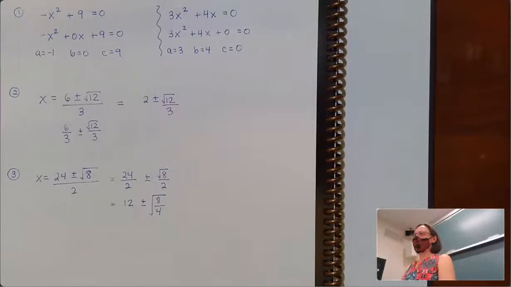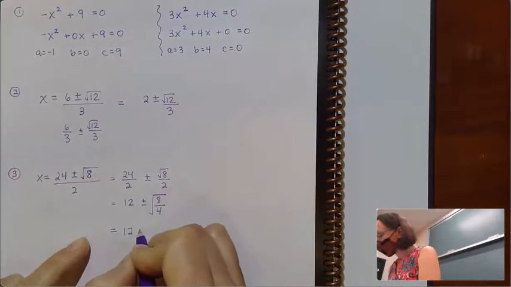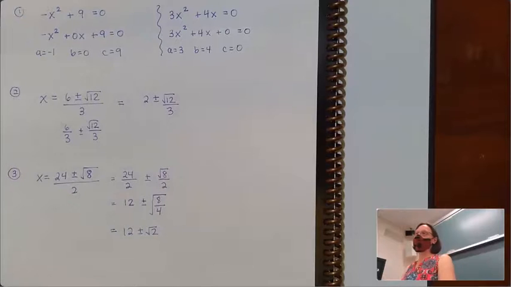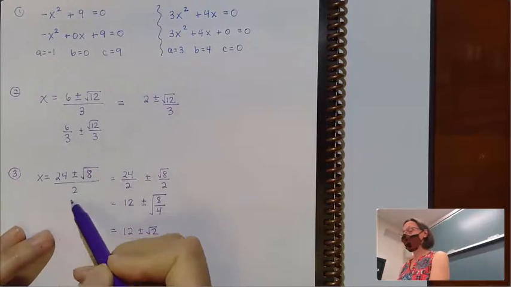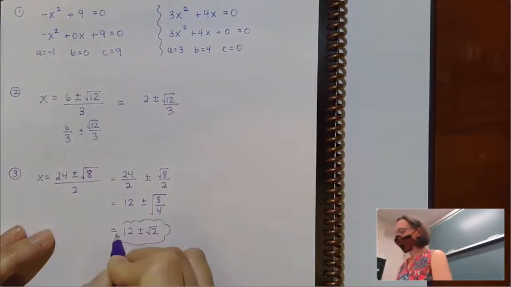So that you don't have a fraction anymore. This is equivalent to 12 plus or minus the square root of 2. And very often, if this is the answer you got with quadratic formula, this is the one you're going to see in the back of the book.